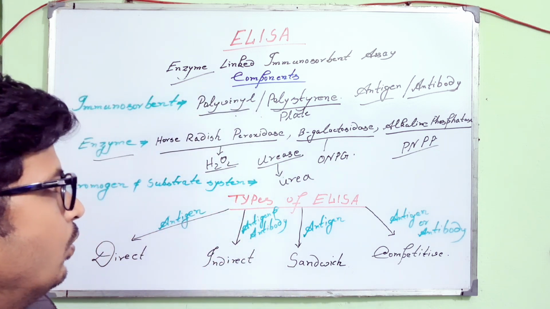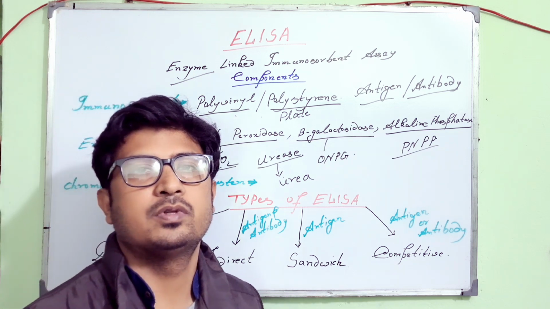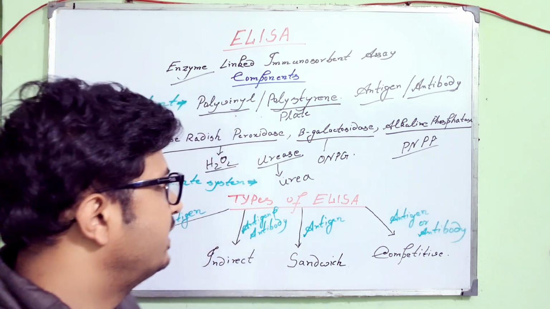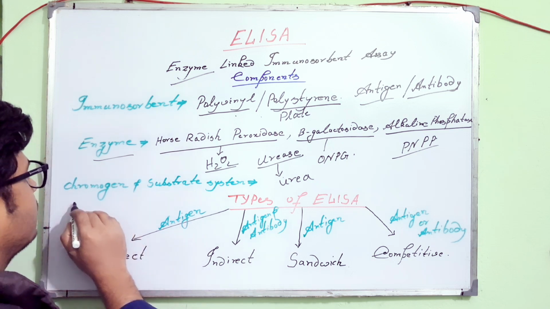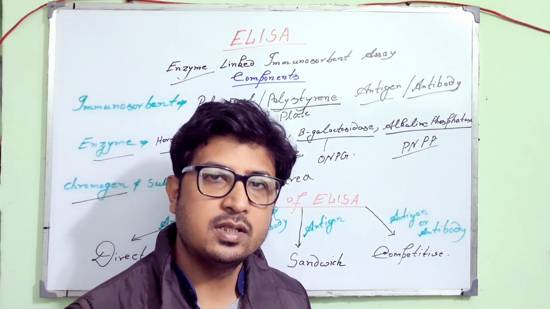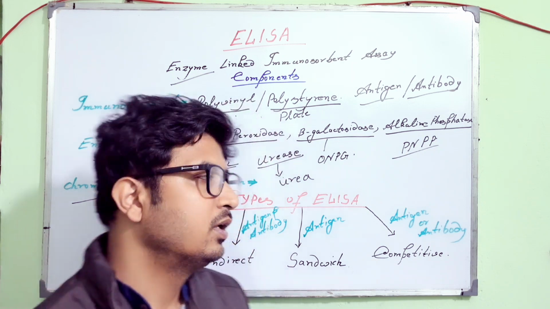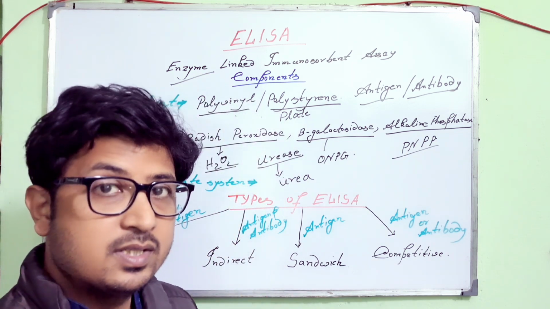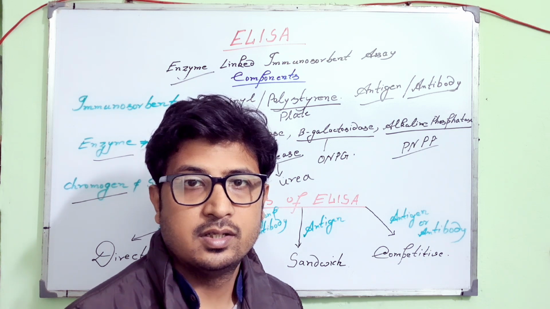Everything will be compared based upon the optical density, and that color formation is done by chromogens. Sometimes the substrates activate the chromogen, or the substrate itself acts as a chromogen.